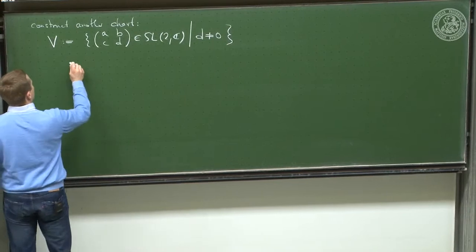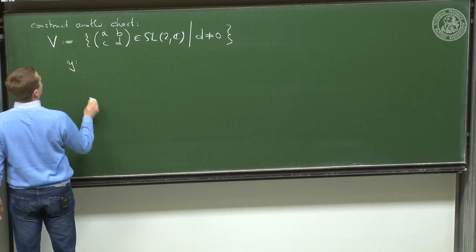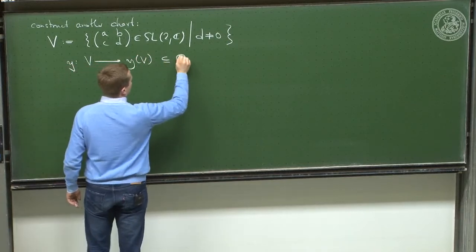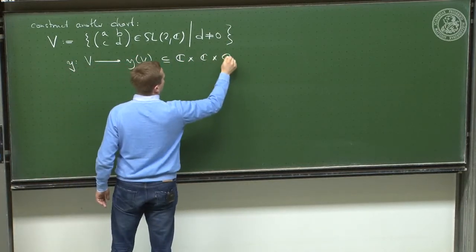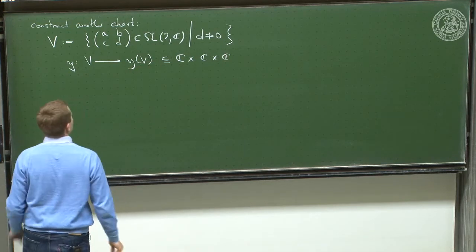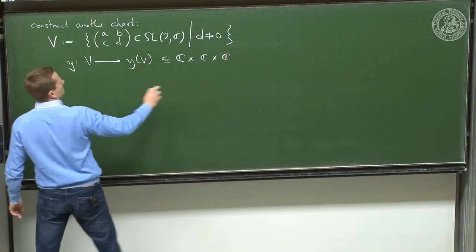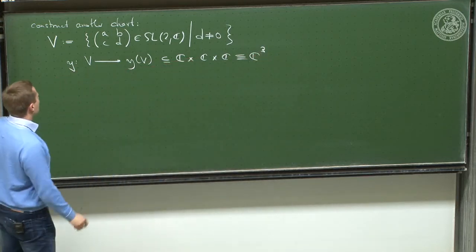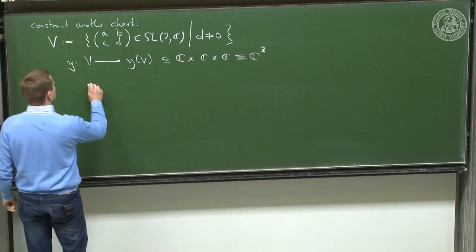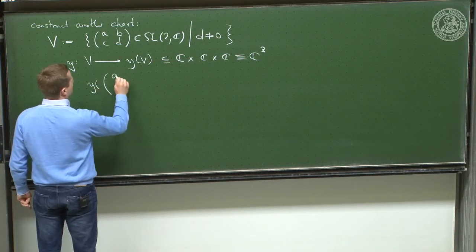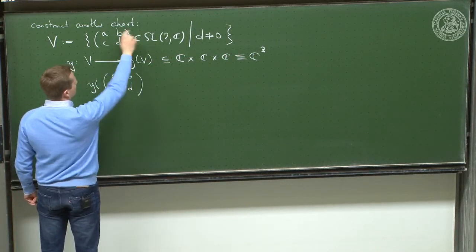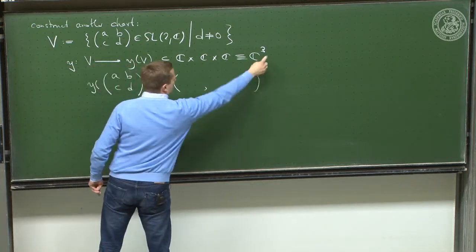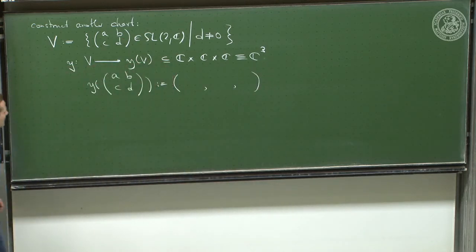And now my chart map, let's call it Y, from V to Y of V, which is certainly a subset of the threefold Cartesian product of C, be defined as follows. I take the Y and I apply it to A, B, C, D, but only from the set V. And I define this to be the 3 tuple of complex numbers.